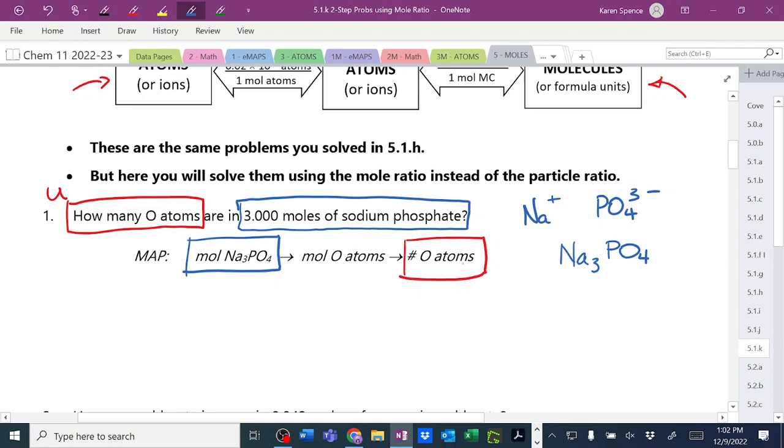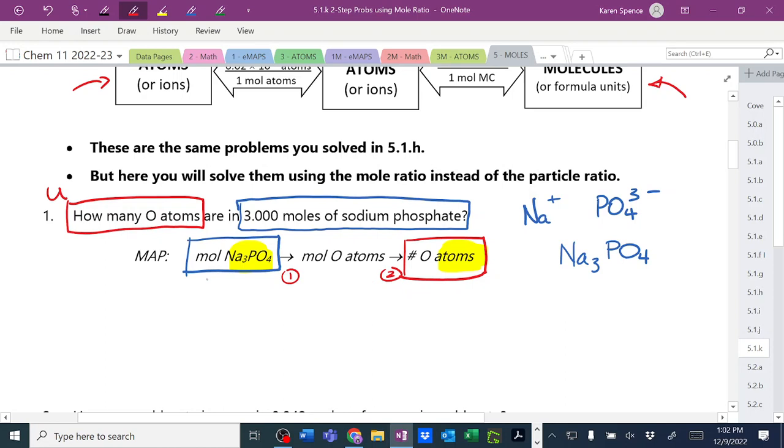And whenever I'm changing between moles of one substance to the number of a different substance, there's always going to be 2 steps. So we have 1 step and we have 2 steps.